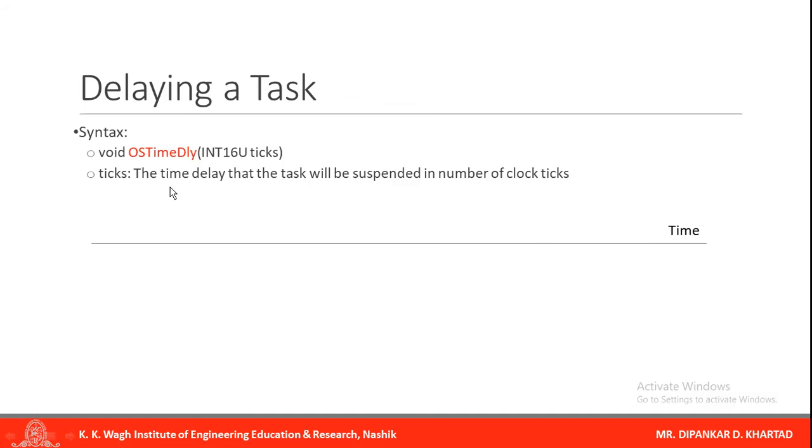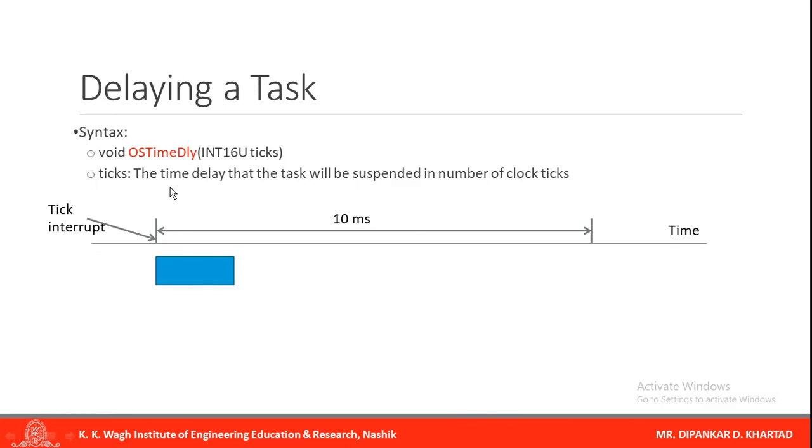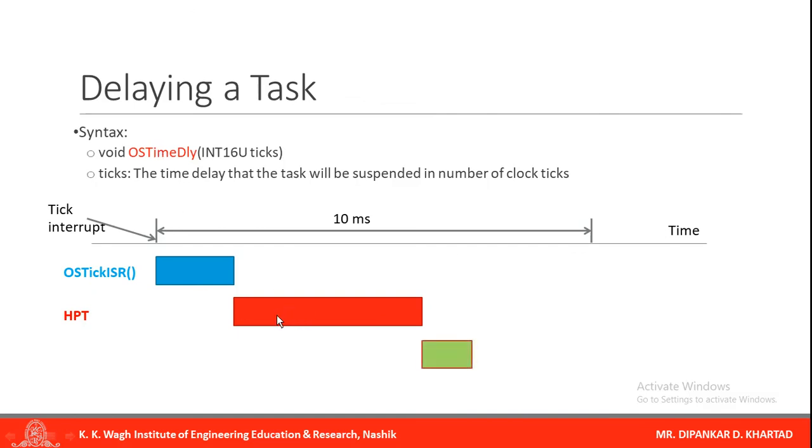Not 10 millisecond, one tick corresponds to 5 millisecond. So the tick interrupt is of 10 millisecond. There is one interrupt, that is the OS tick ISR. After that there are many higher priority tasks, and they will execute here. If you are calling this function, that will execute here.